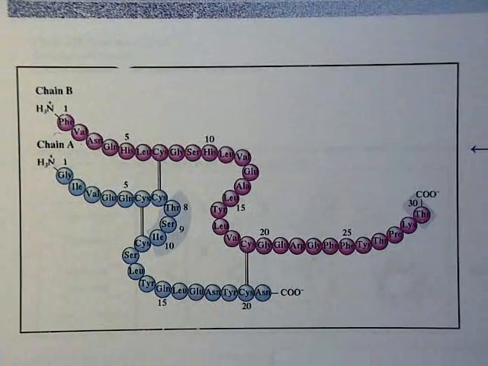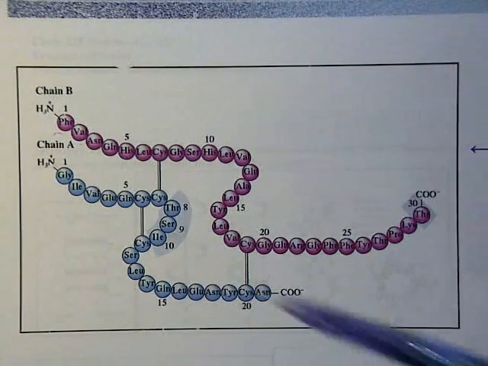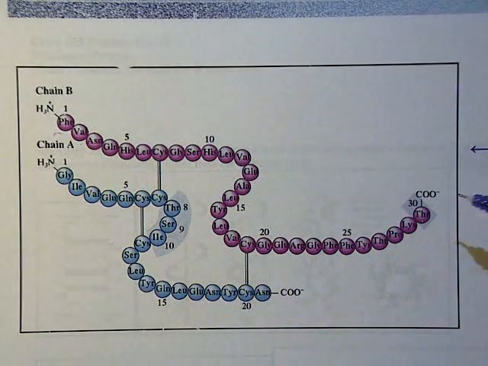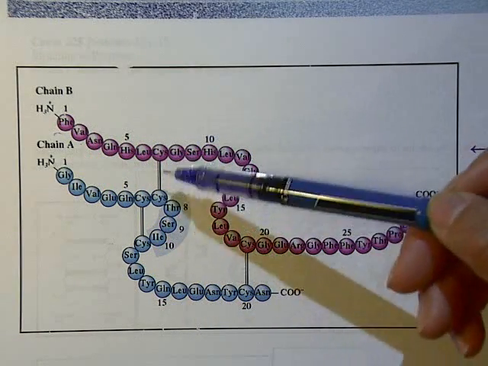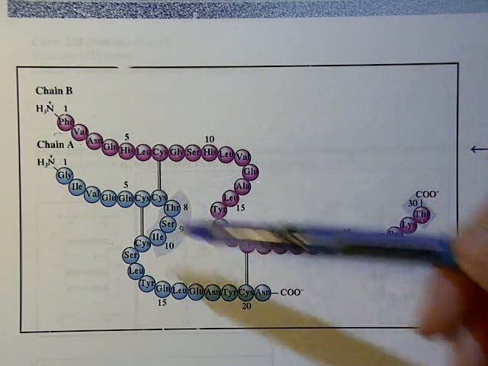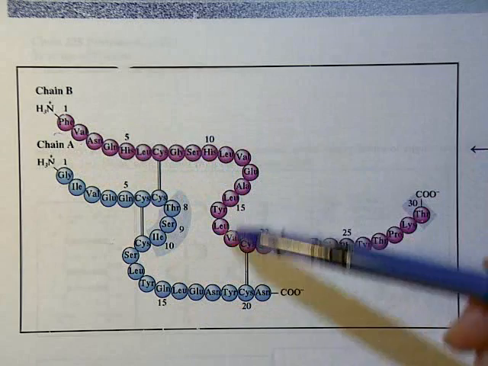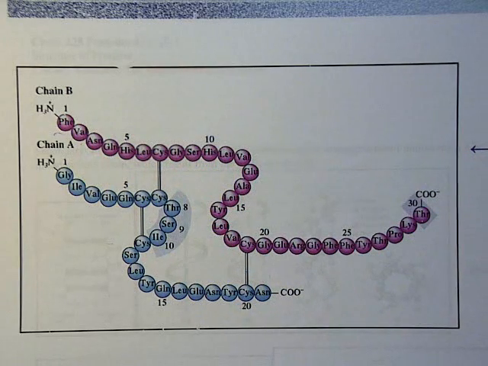This is the sequence. It turns out there's a chain A and then a chain B, and they're connected together through the cysteine disulfide bonds, which we'll talk about later. But right now the primary sequence is basically, what is the order? What's the first amino acid and what's the second, etc., etc.